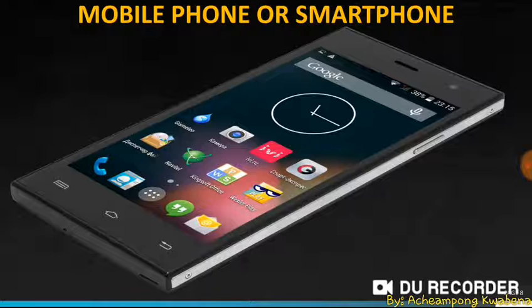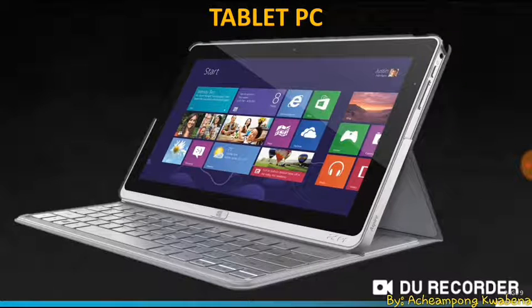Now the next one is the mobile phone. The mobile phone too is an example of a computer. It also accepts data, processes the data, stores data, and gives out information or displays information on its screen. And the next one, we have the tablet PC.